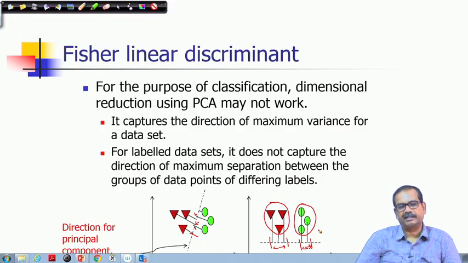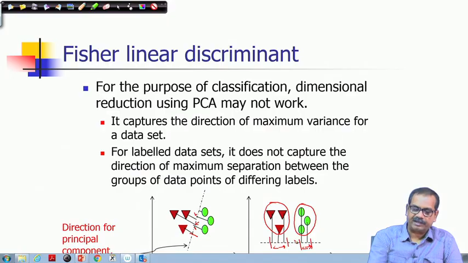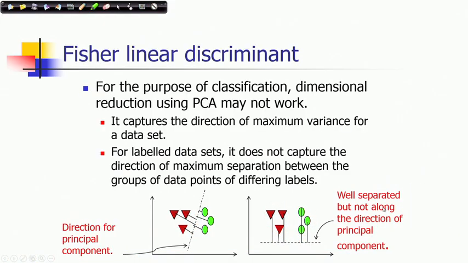So, they are well separated, and this shows that the direction of the principal component is not really providing you good separation between data points. As we mentioned, it is well separated, but not along the direction of the principal component.